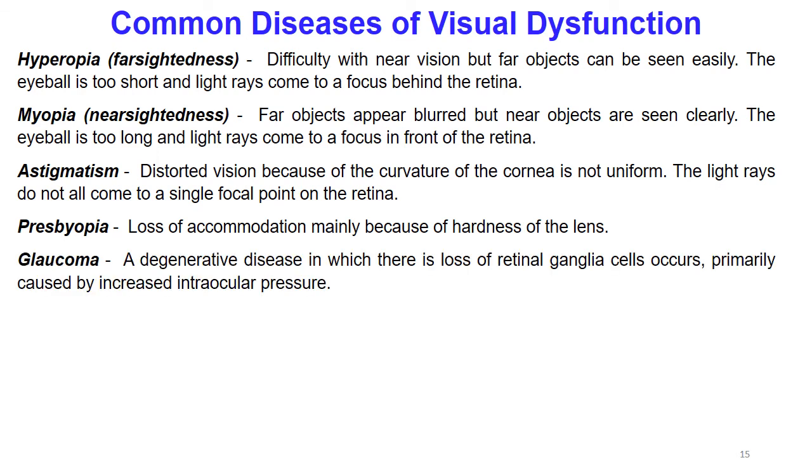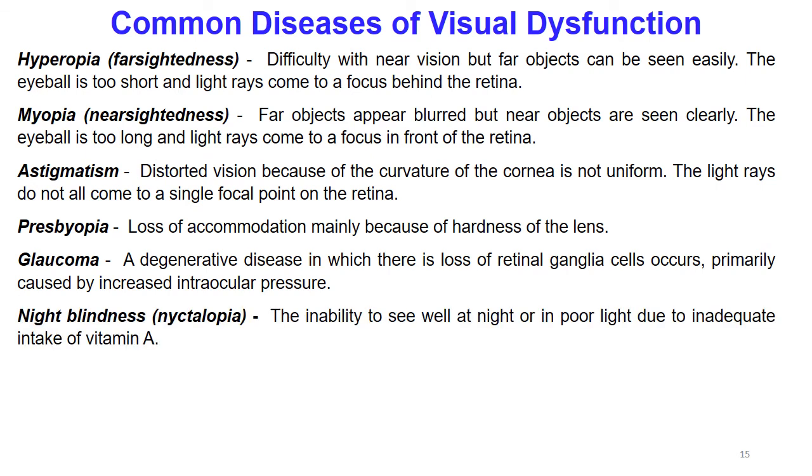Glaucoma is a degenerative disease in which there is a loss of retinal ganglion cells, primarily caused by increased intraocular pressure. Night blindness is the inability to see well at night or in poor light due to inadequate intake of vitamin A. Color blindness is the inability to distinguish certain colors.